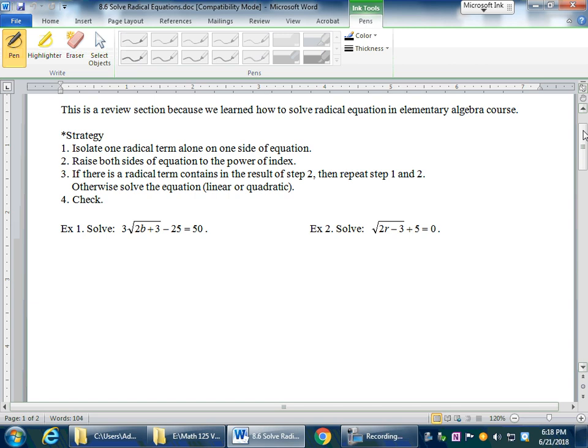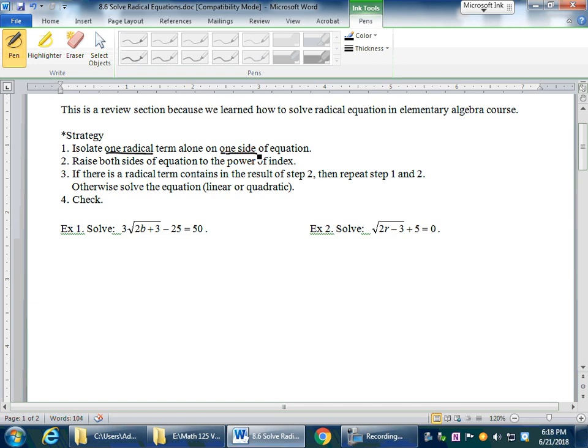So the strategy is, first, you want to isolate one radical term alone on one side of the equation. And then we're going to raise both sides of the equation to the power of the index. So you want to raise the power the same as the index.